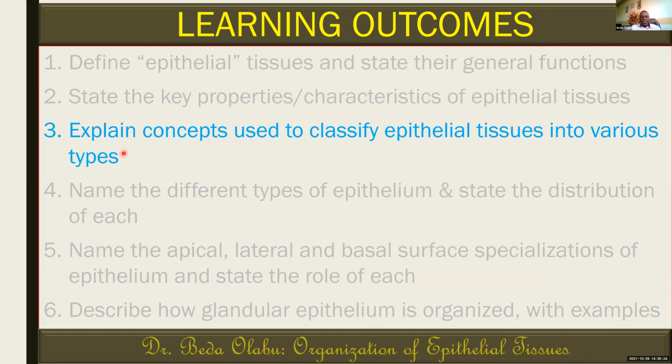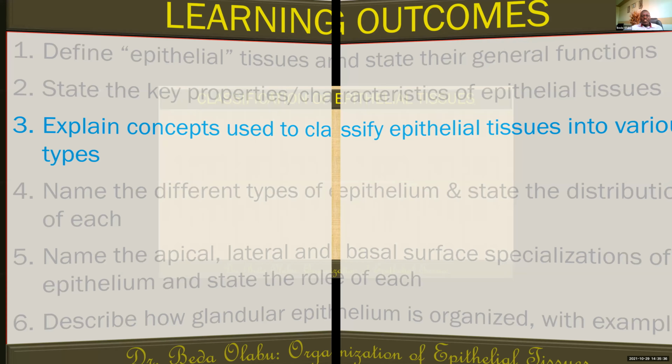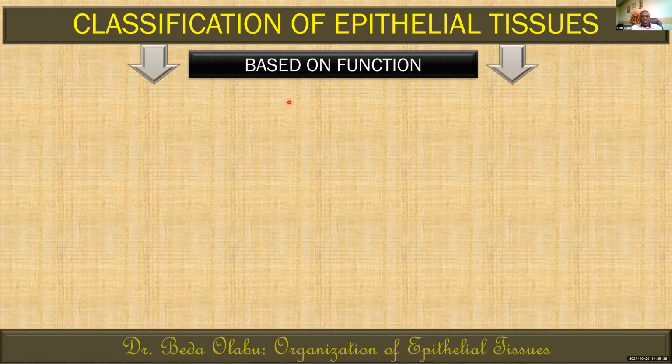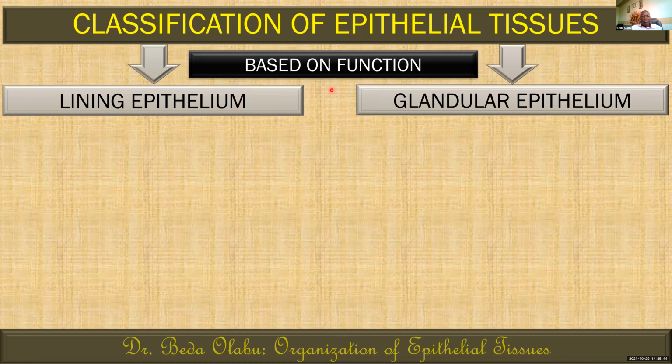Now I want us to look at the concepts that we use when you're classifying epithelial tissues. We can classify epithelial tissues first based on function. According to this, we classify epithelium into two types.